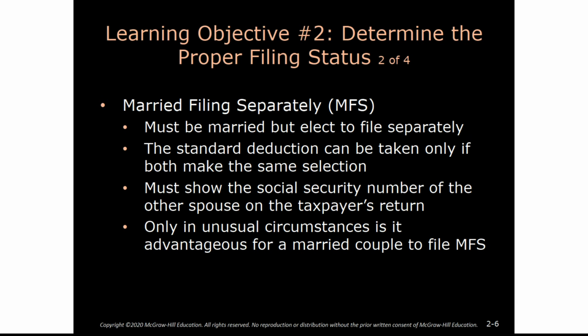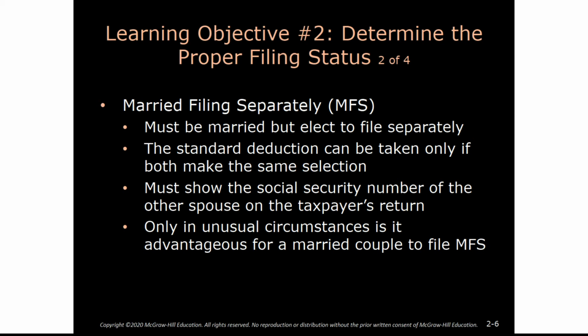So married filing separately, often this can be disadvantageous. In most cases it is for married taxpayers, but there are occasions and situations where married filing separately can be advantageous. So it must be married but elect to file separately in order to achieve this status.